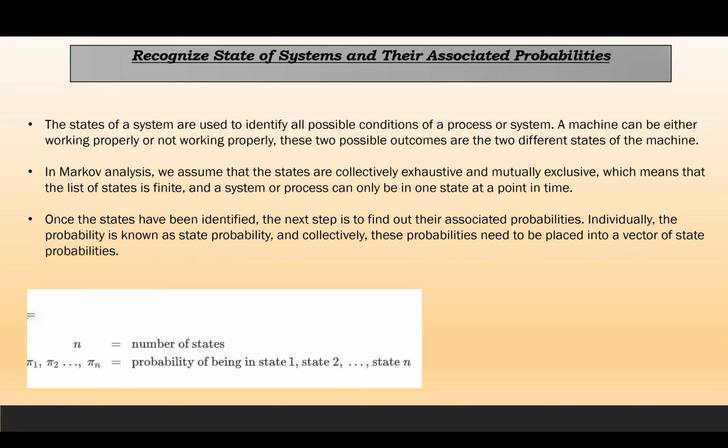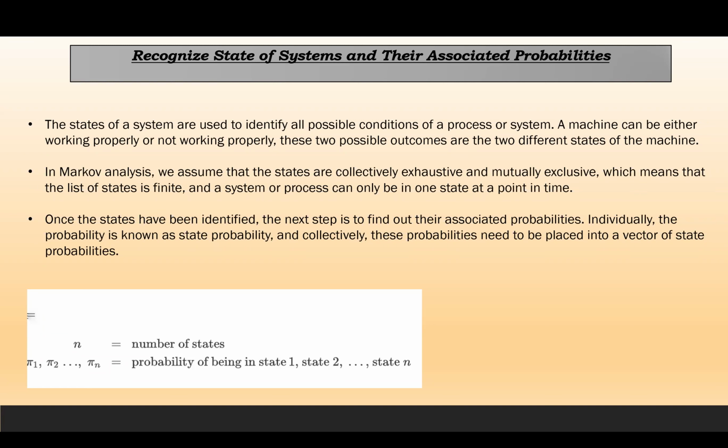Now we're going to talk about recognizing the state of systems and their associated probabilities. First, we have to define what the states of a system are. The states of a system are used to identify all possible conditions of a process or system.